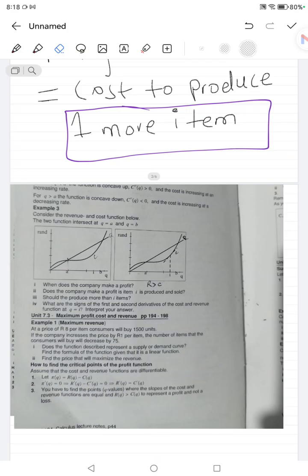7.3, they're saying at a price of 8 rand per item, consumers will buy 1,500 units. If the company increases the price by 1 rand per item, the number of items that the consumers will buy will decrease by 75.